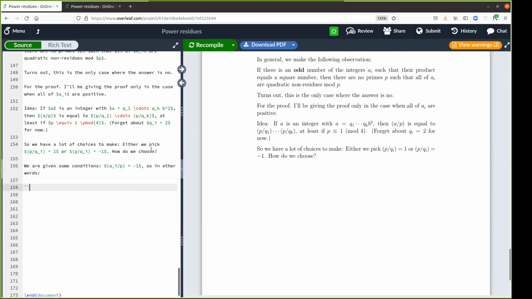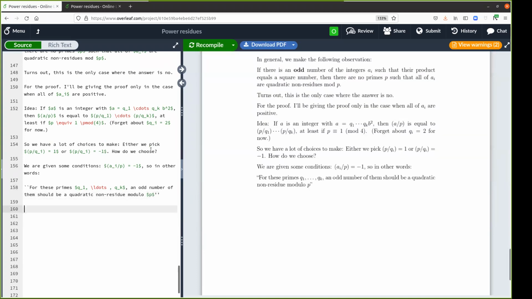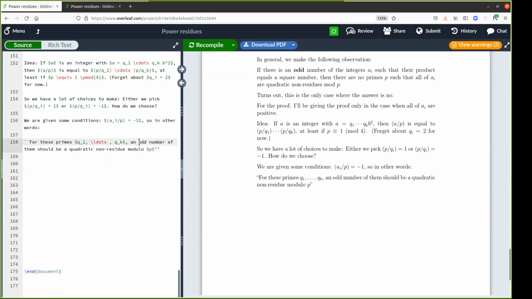Which translates to that for a given subset of primes qi, an odd number of them should be quadratic non-residues modulo p.